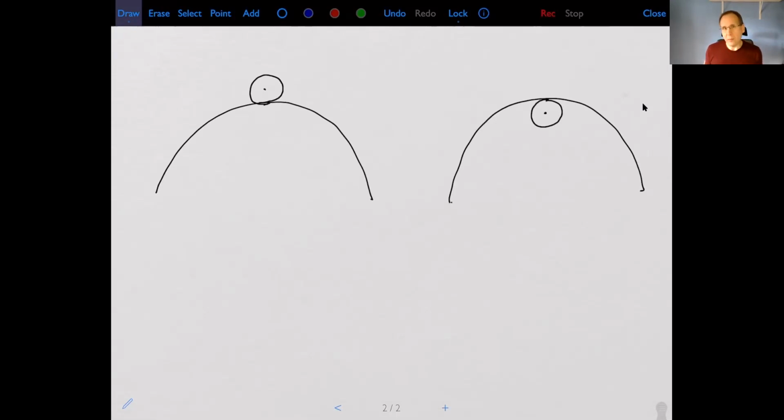So first of all, what are the forces acting on the ball at the peak of the curve? Well, we have the weight of the ball, right? And it's going to be like a steel marble in this case. So the weight acts down. And we have a normal force that the surface exerts on the ball perpendicular to the surface. The way you do that is you draw a tangent line to the surface, and it's perpendicular to that tangent line.